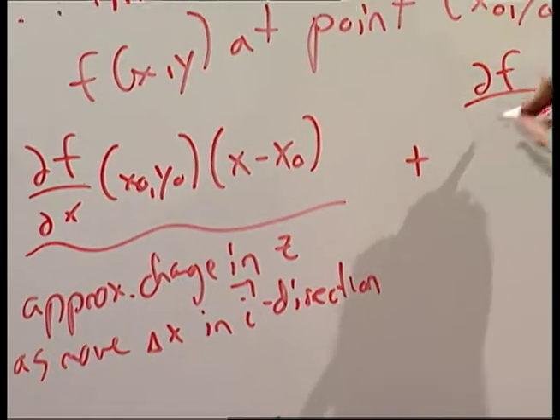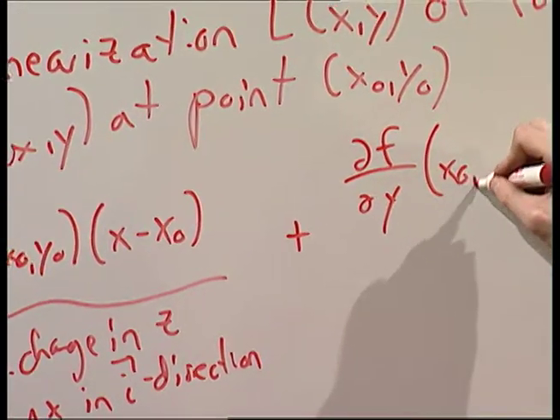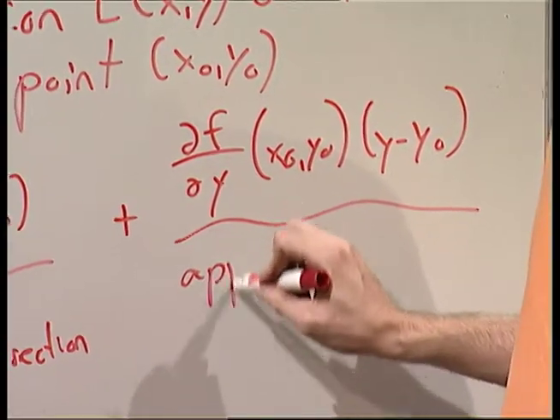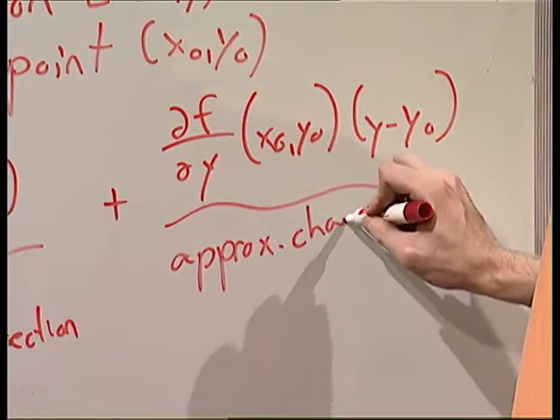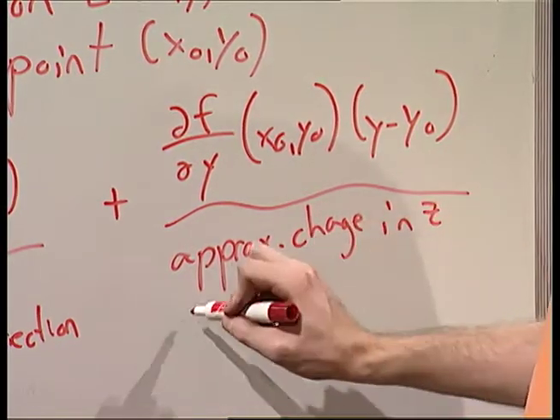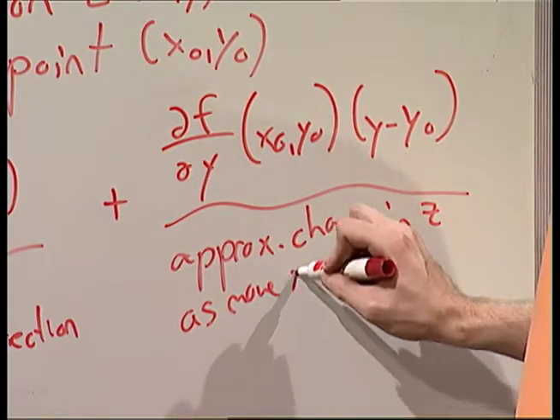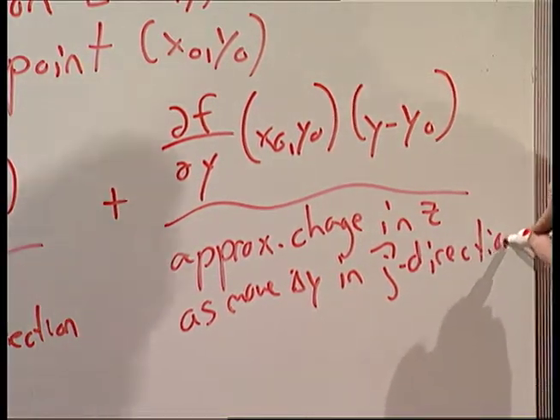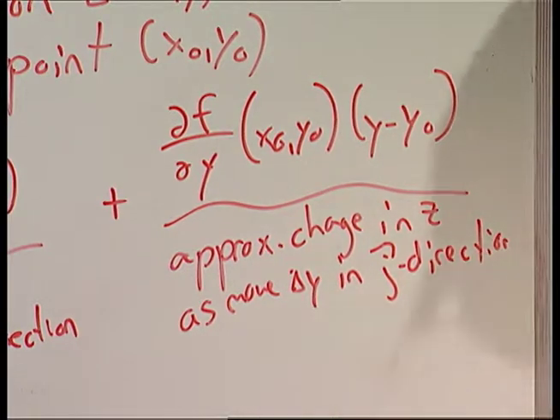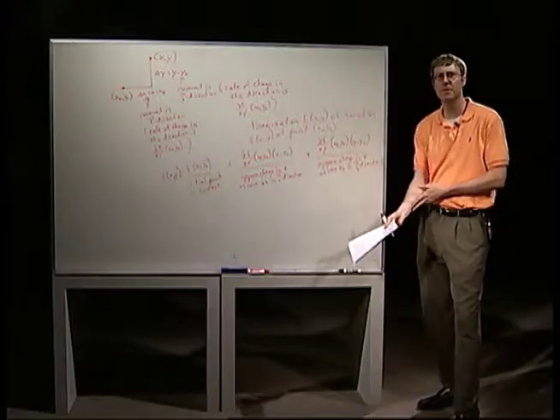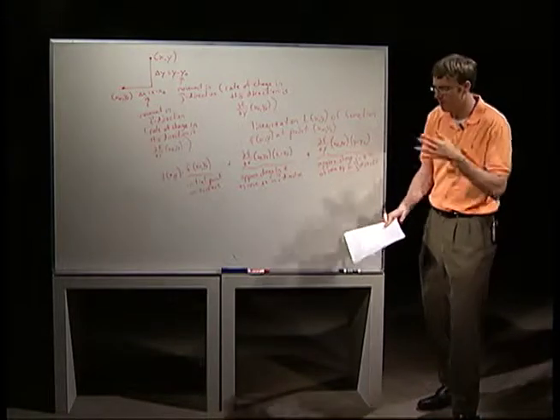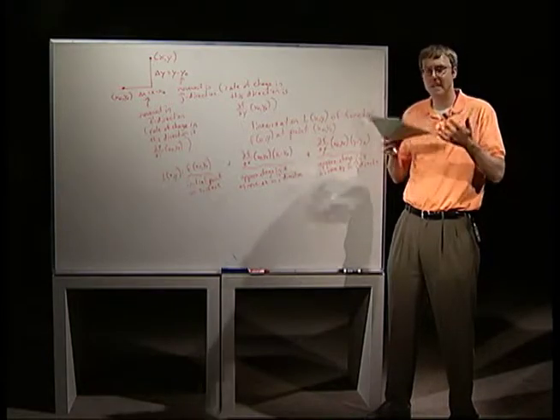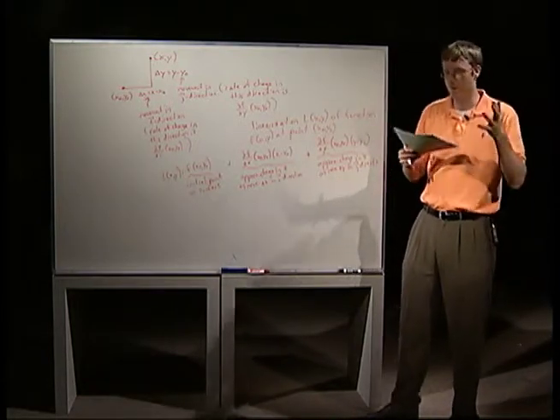You wind up with this approximate change in z as you move delta y in the j direction. Just like with a tangent line, you move a little bit and the derivative is a pretty good, steady approximation. It's not going to veer around a lot.